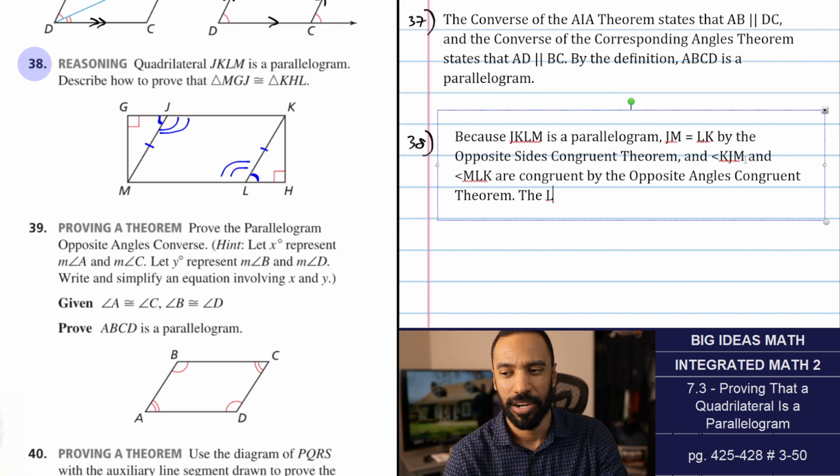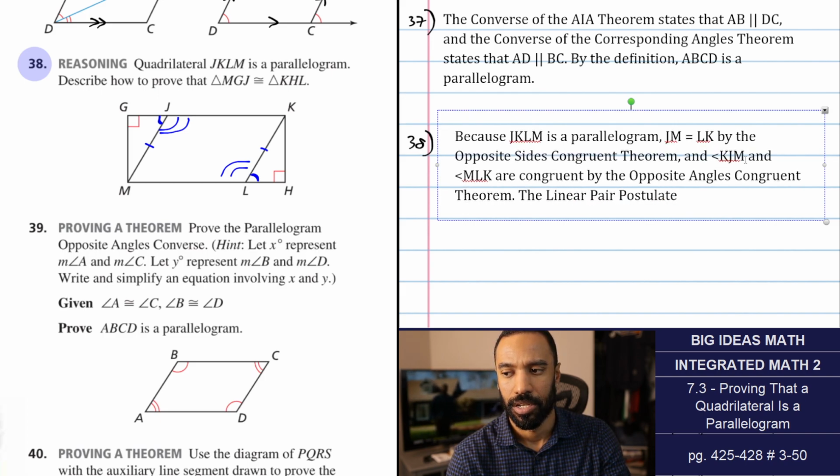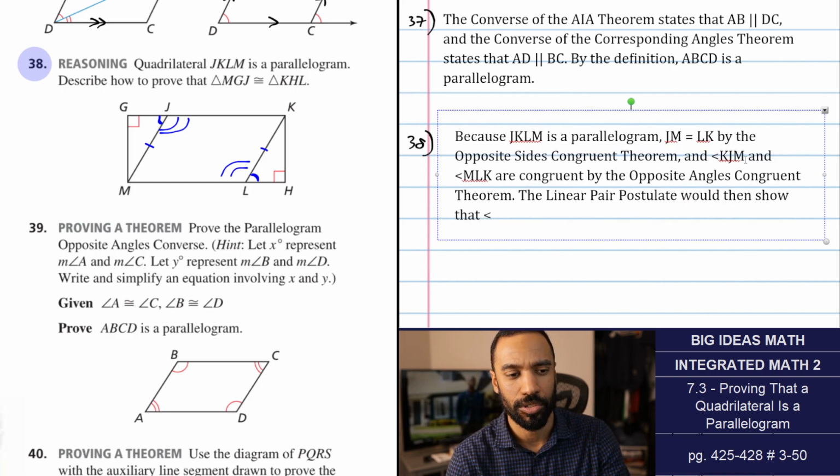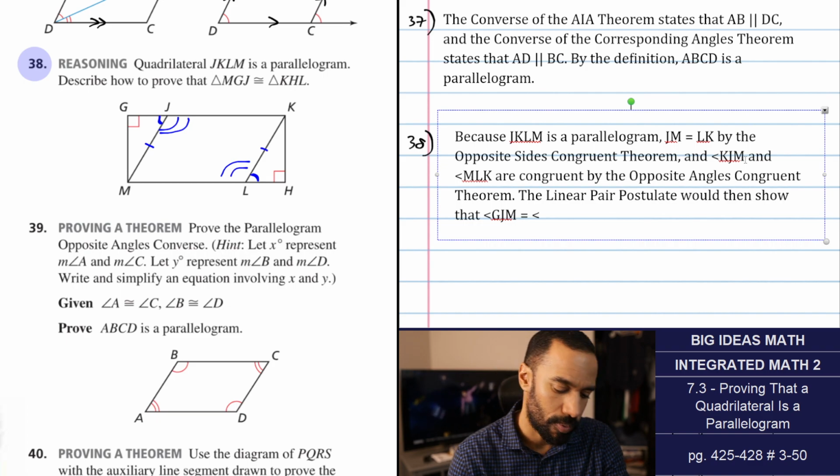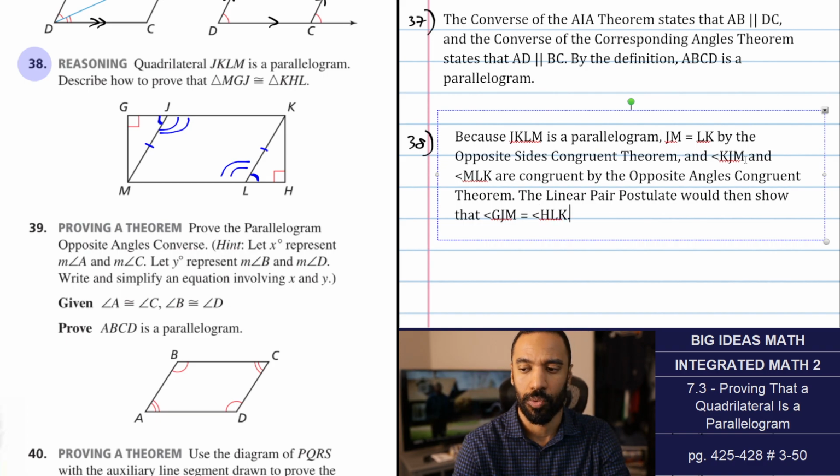The linear pair, is it called a postulate? The linear pair postulate would then show that angle GJM is congruent to angle HLK. So the ones that I marked with single marks are the ones that I'm getting at.